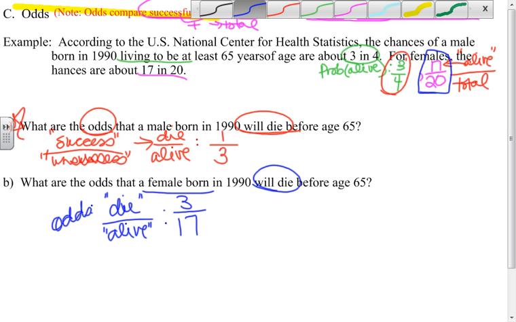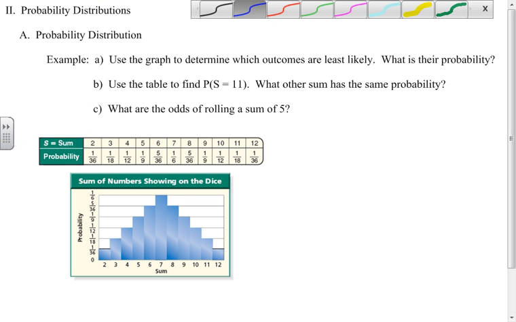So 3 out of 17 are your odds that a female will die before. So 3 to 17. Now notice, if you add those, you get the total, okay, which is 4. Again, if you add successful and unsuccessful, you get the total, which is 20 in this case. So you can always check that you did it correctly.